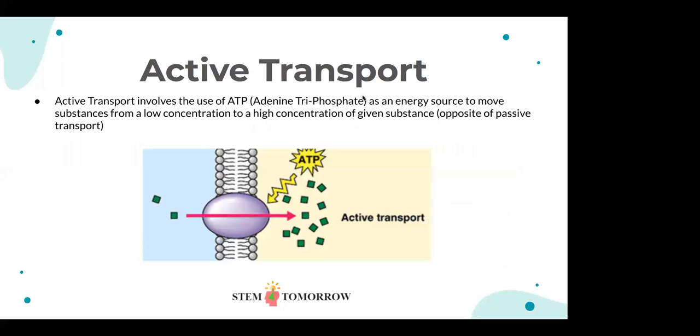So it makes adenosine diphosphate, which means 2-phosphate, and releases 1 phosphate as energy. It uses this energy source to move substances from a low concentration to a high concentration of a given substance. So it does the opposite of what passive transport does, which is the balancing of high concentration to low concentration. So you're going to have to spend a little energy if you want to do the opposite.